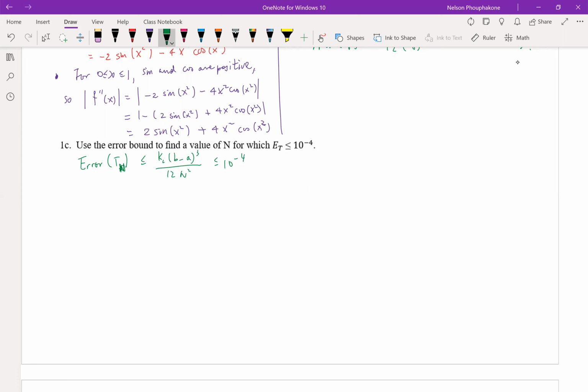Okay, so then now for K sub 2 equal to 6, and b is 1, basically we just need to try to solve for n in this case.